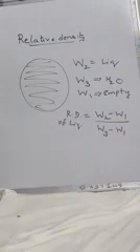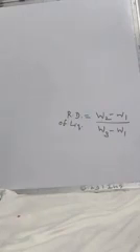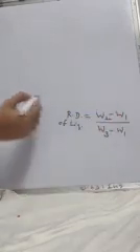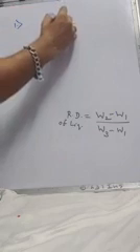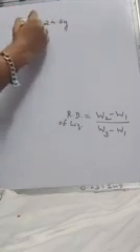Clear? Understood? So this formula we will use to solve a couple of numericals which are very important. You'll also use the same formula in higher standards. Question number 1. The weight of empty bottle is 24.5 gram. Let us take that as W1.